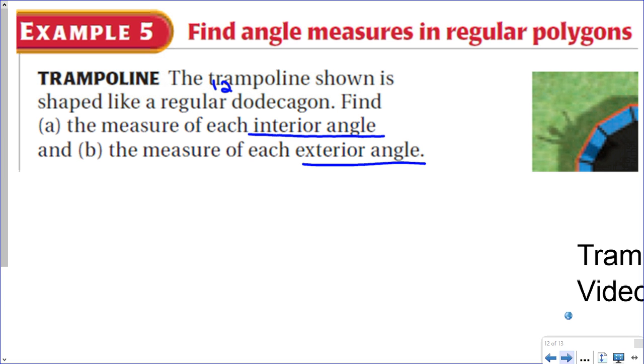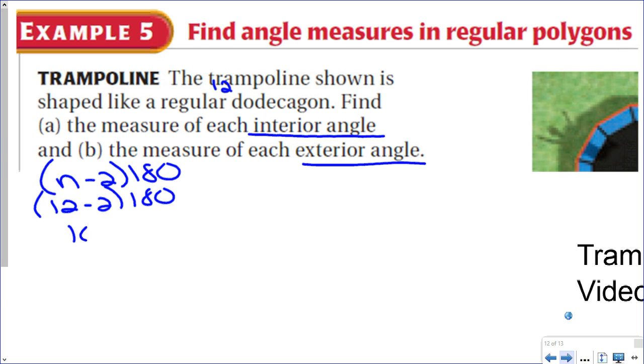Okay. So for letter A, the interior angle is on the inside. The sum of it is found by using the formula n minus 2 times 180. But that gets you the sum. That doesn't give you each individual interior angle. But let's start with this. If we put 12 in place of n, 12 minus 2 times 180, 10 times 180, and 1800 is what you'd get.